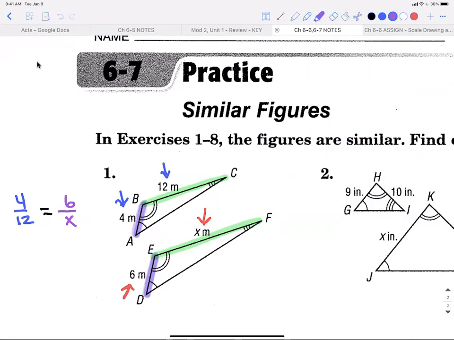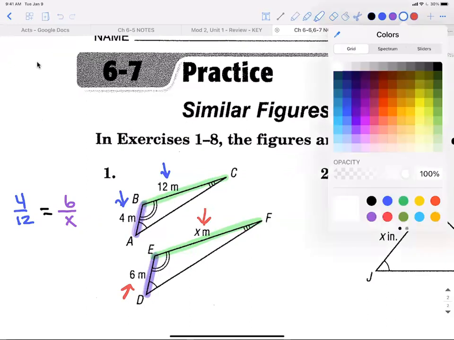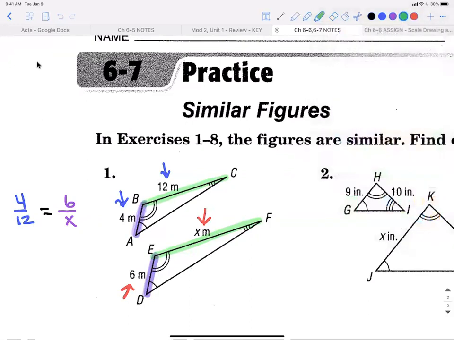You look at my other line, and this was my 12 and my X, right? They should be on the bottom, 12 and X. So your matching sides should be in matching parts of the fraction. If you can get that straight, solving these is a breeze, because then you just simply cross multiply, and we know how to do that.